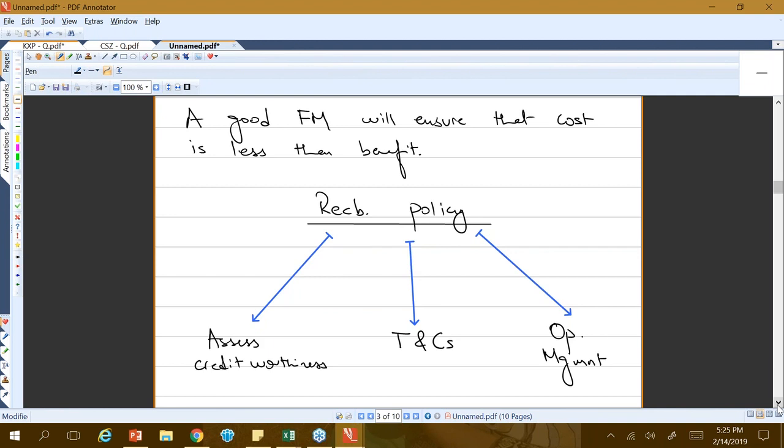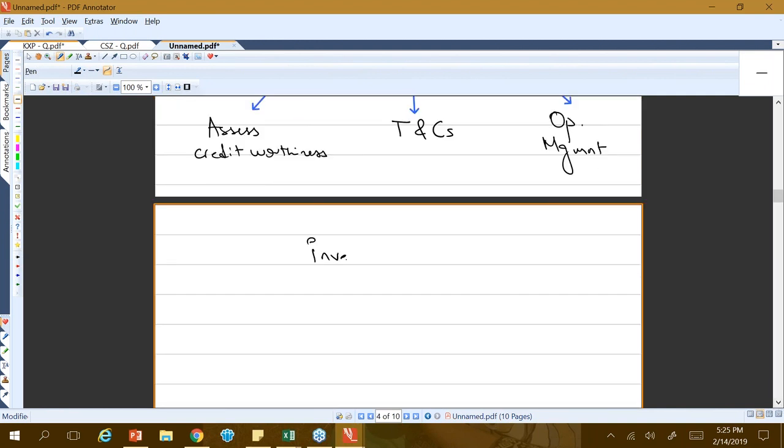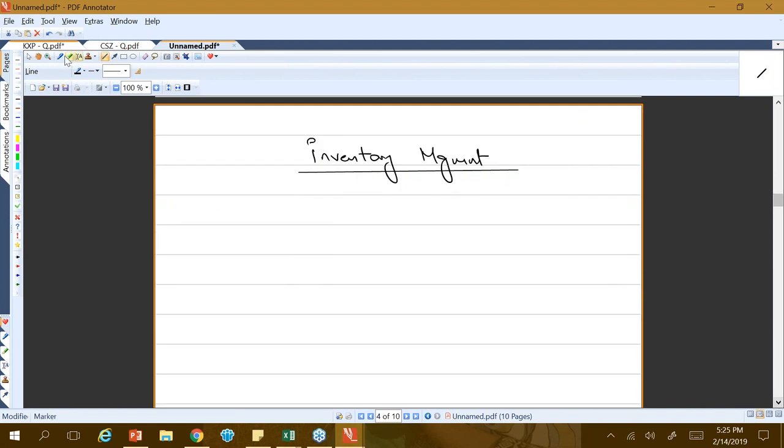Now, the next thing before we go into the question is to think of inventory, or the inventory management. Within inventory management, the key calculation for us is the EOQ, the economic order quantity.